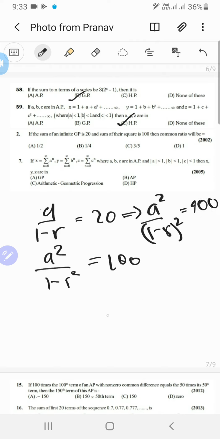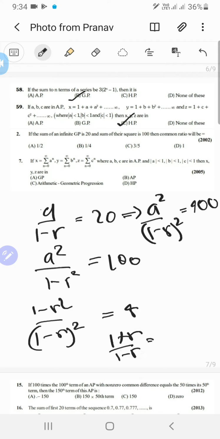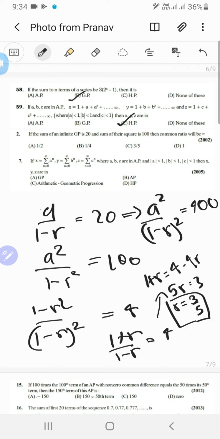Just divide, so what's equal to 4? 1 minus r squared upon 1 minus r whole squared, so you get 1 plus r upon 1 minus r equals 4, which means that 1 plus r is equal to 4 minus 4r, so you have 5r is equal to 3, or r is equal to 3 by 5. Okay, so yeah, that's correct. The common ratio is 3 by 5.